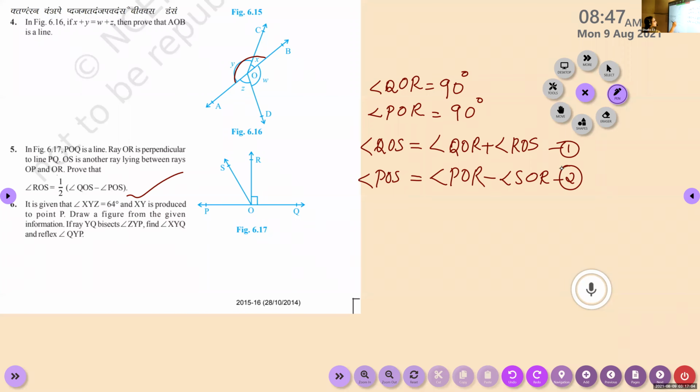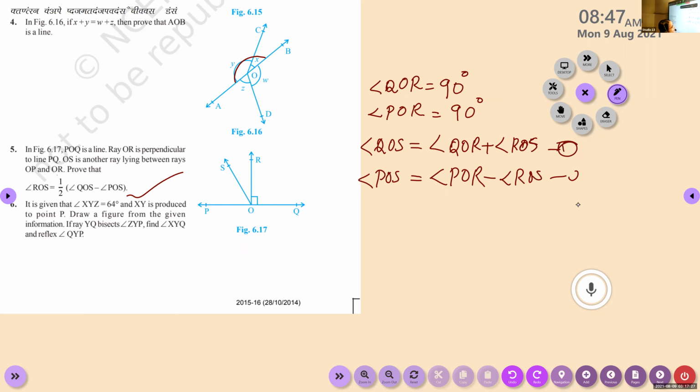See, POS is this angle. It is POR minus SOR. Or we will write ROS because in the question it is written as ROS. The first equation also we wrote as ROS.